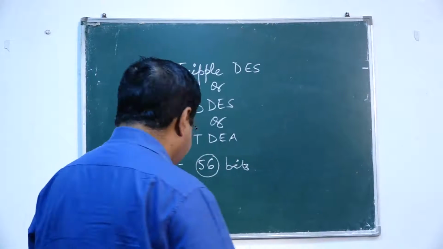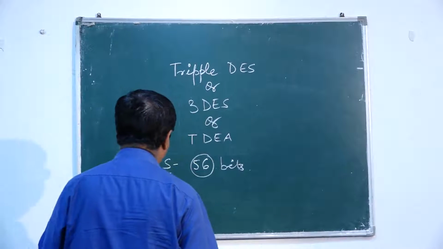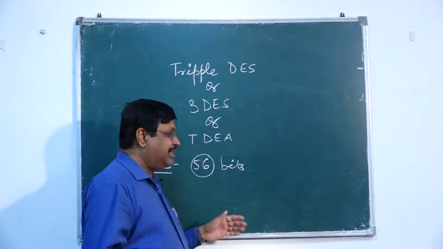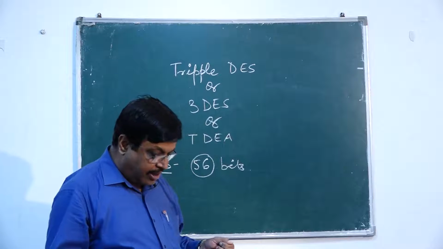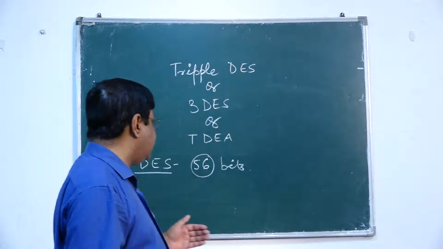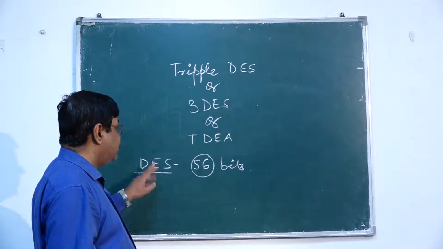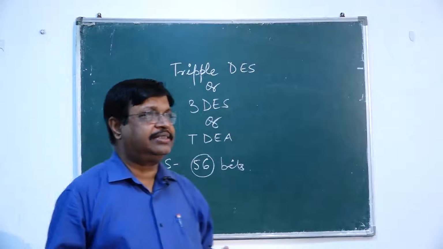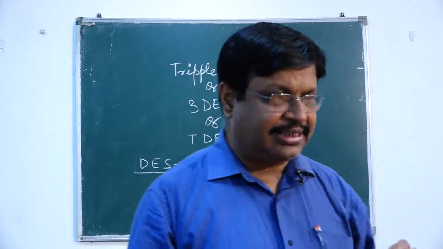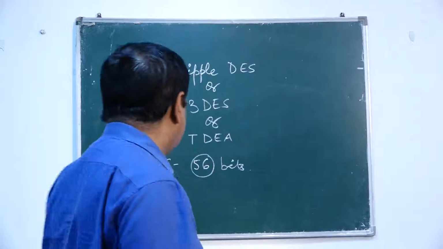So, the security of the sender's message went under threat. So, a change and advancement was made to DES, and it was known as TDES or triple DES or 3DES or TDEA.